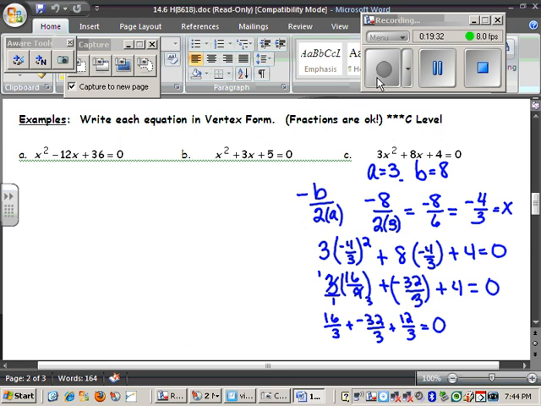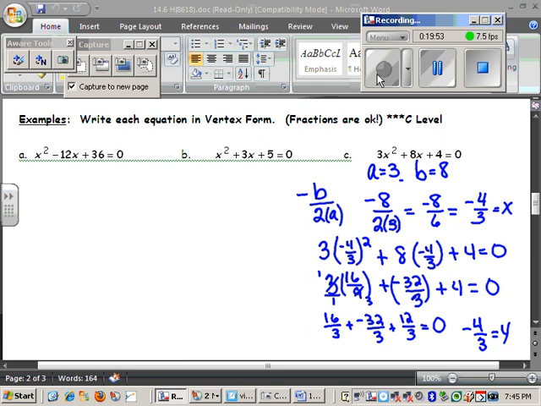So 16 plus negative 32 is going to be a negative 16. And a negative 16 then plus 12 is going to be a negative 4. So I'm going to have a denominator of 3. Negative 4 over 3 will be my y.